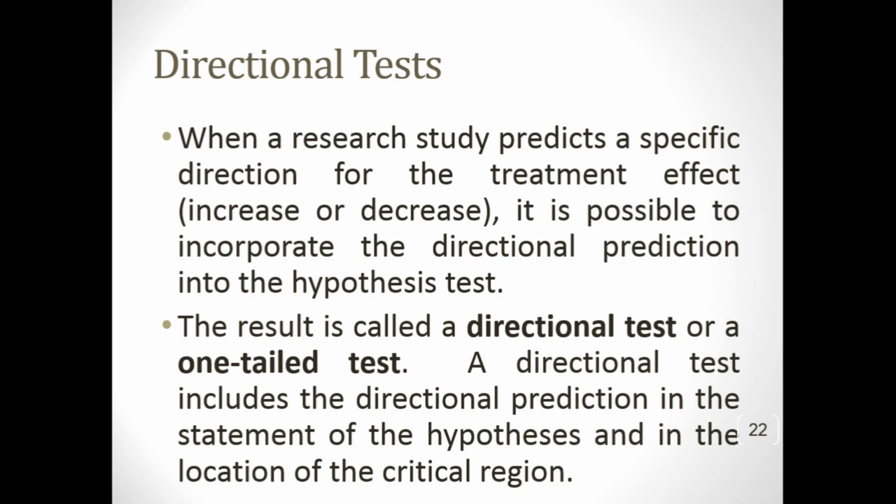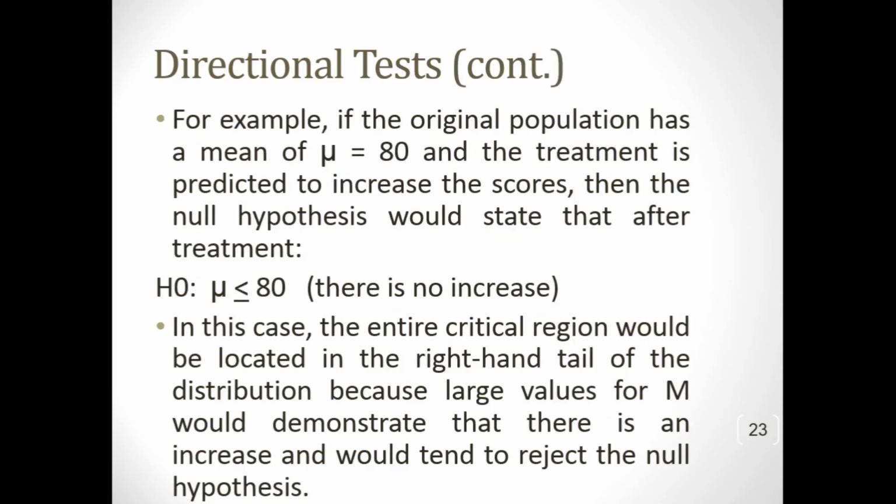For example, if the original population has a mean of mu equal to 80 and the treatment is predicted to increase the score, then the null hypothesis will state that after treatment, mu is less than or equal to 80; there is no increase.